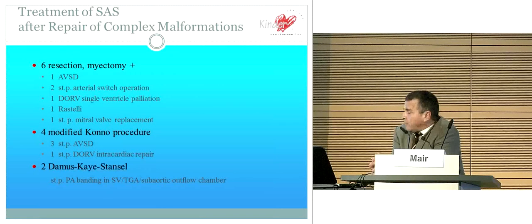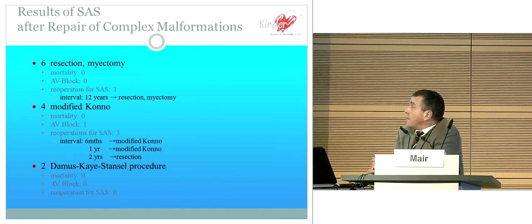4 patients had a modified Konno procedure, and in 2 patients, these were the single ventricle patients, we did a bypass procedure, a Damus-Kaye-Stansel procedure. The results are shown in this slide. After myectomy, we had 1 patient who needed a reoperation 12 years after the initial resection. This was the patient with the single ventricle and DORV.